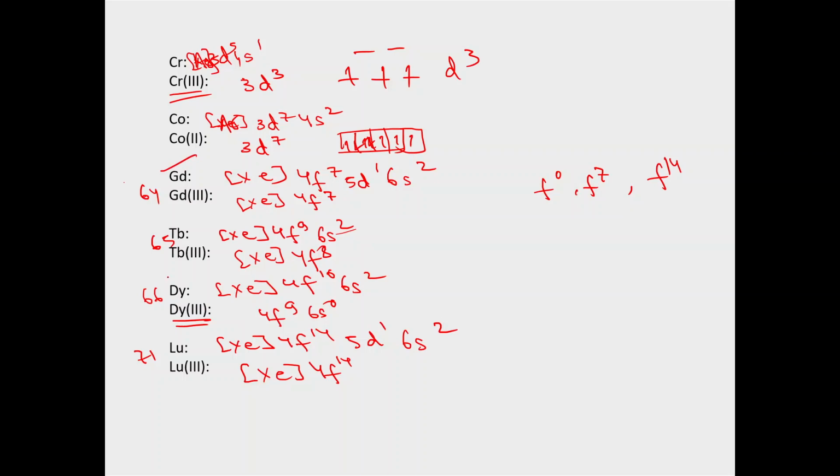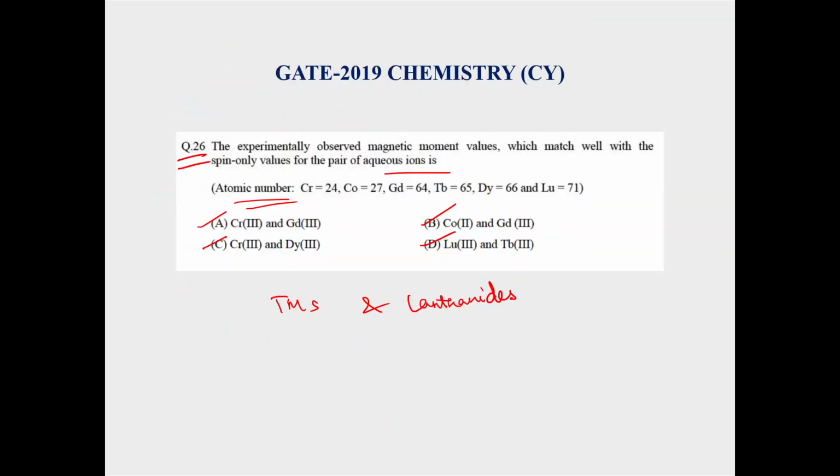That means gadolinium and lutetium, these two will show mu observed equal to mu spin only. Okay, so gadolinium 3 and lutetium. These are present in these three options. The next thing is terbium, cobalt, or chromium.